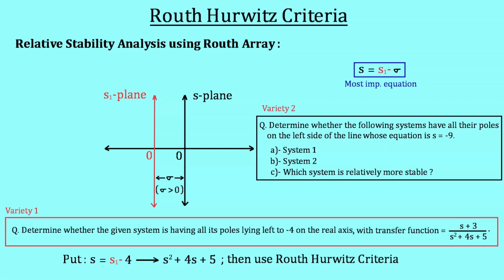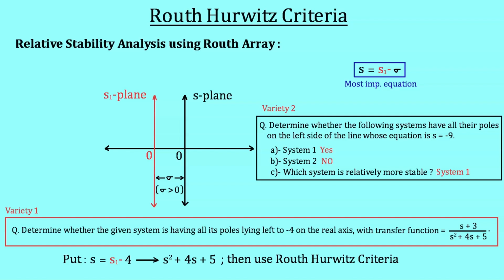The second type of question which can be asked from this topic is: determine whether the following systems have all their poles on the left hand side of the line whose equation is s equal to -9. You will be provided two systems, and the third part of the question is which system is relatively more stable. Now simply assume the system 1 is having all the poles on the left hand side of the line s equal to -9, whereas this is not the case for the system 2.